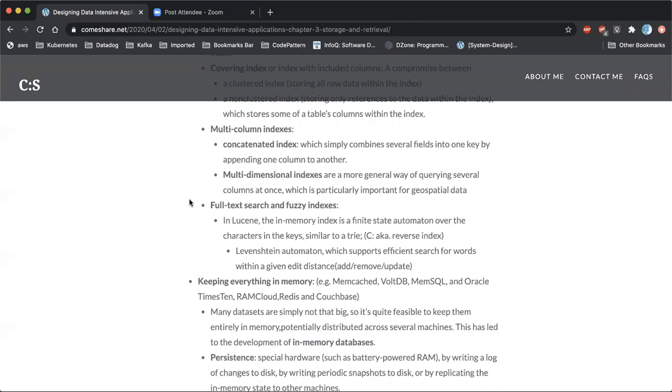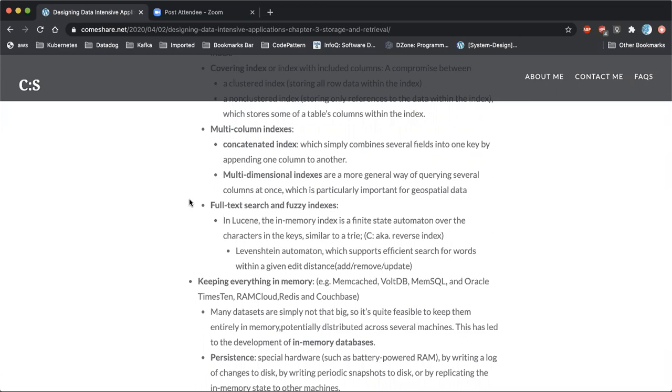That's also one kind of indexing, but I think that's a very specific use case. If you are always having these multi-dimensional queries, then I believe you would use that multi-dimensional indexing.